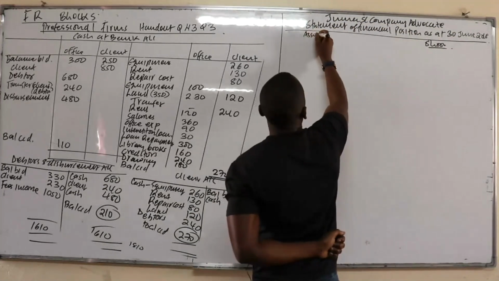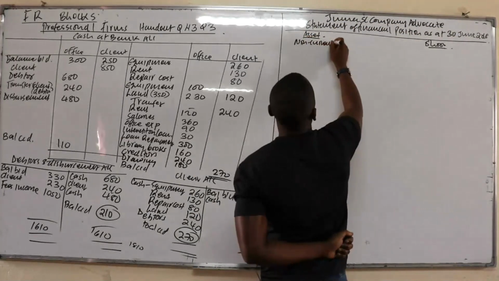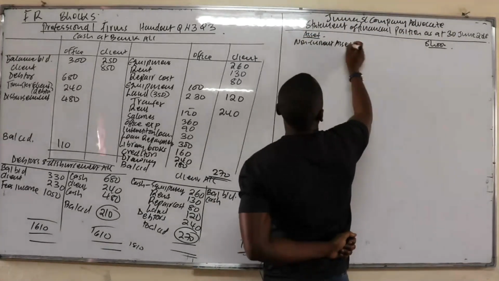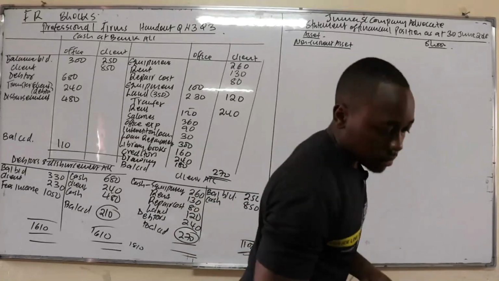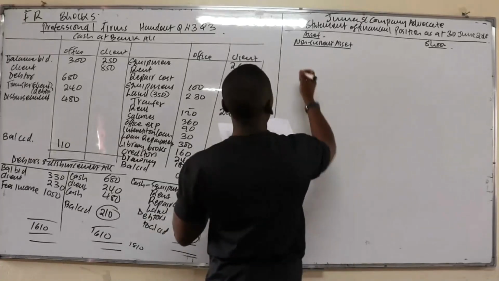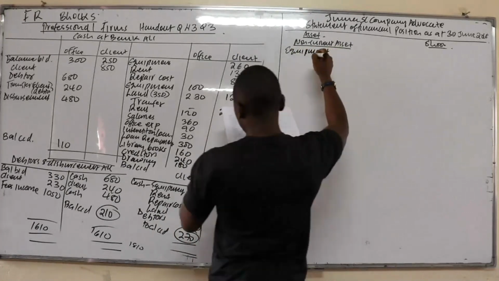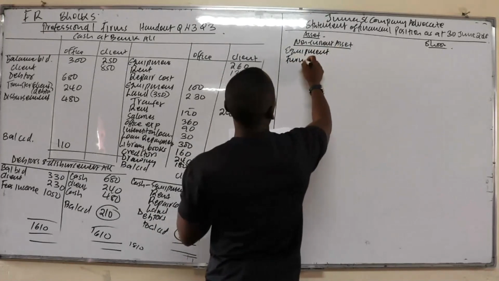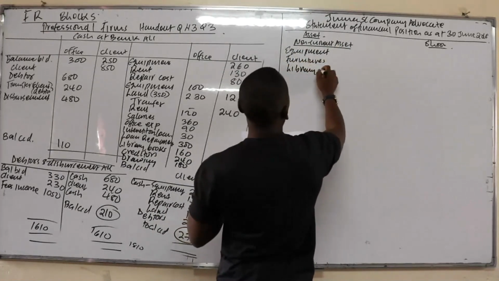So let's start with the assets, non-current assets. For the non-current assets, just go to the balance sheet you are given, just copy what you have. So they had equipment. Also, they had furniture. And also they had library books.